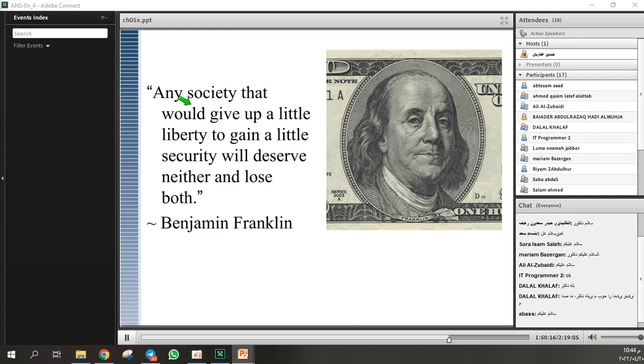We have to give up some of our liberties. Why? To gain a little security. If you remember, in the first chapter I said that security is an art, security is a science.